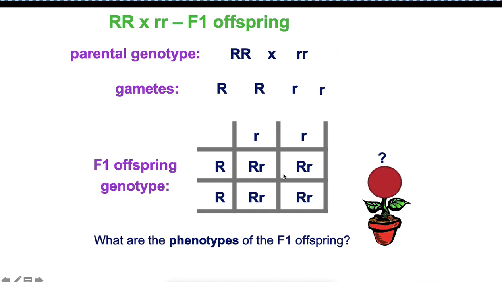Why? Because one capital letter is enough for the allele to be dominant, because the gametes are going to be capital R and small case r. In the first generation, if we match them with each other, we will only get red petal colored flowers.